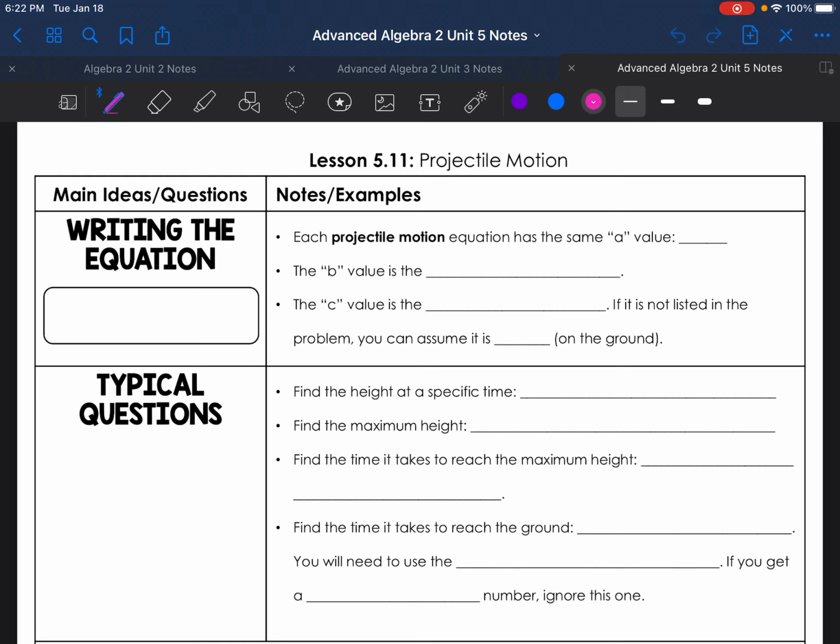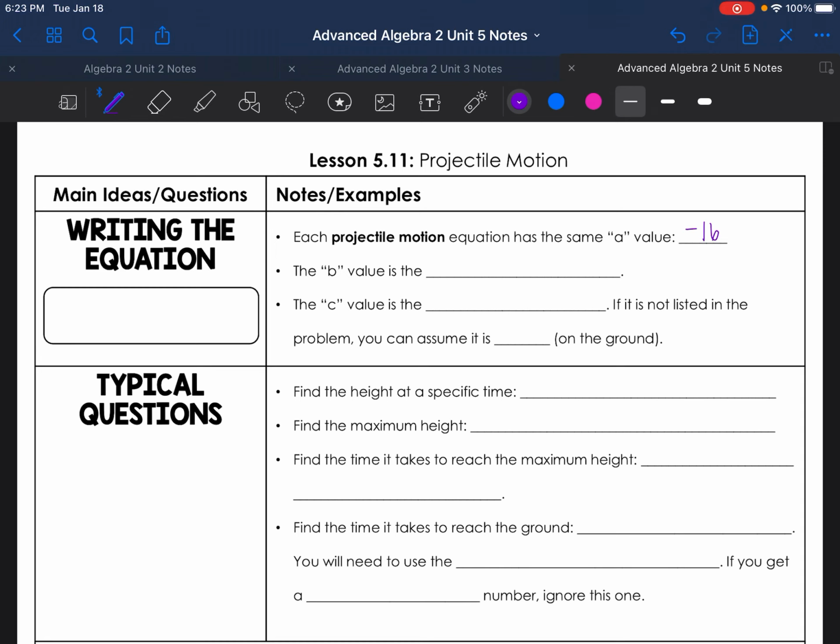Anytime you throw up a ball or whatever into the air, it's going to come back down because of gravity, and some science behind it gives it some kind of pattern. Every projectile motion equation has the same A value, the number in the front, and that number is -16.